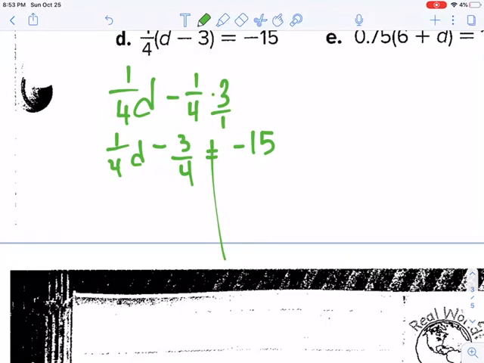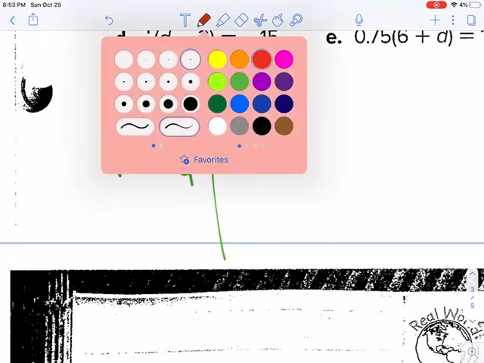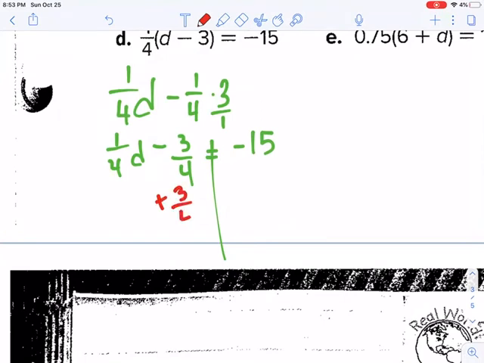And then you would just go through and do your two steps. So you would add 3/4 on both sides. You're left with 1/4 d on this side, and this side's a negative 15 plus a positive 3/4. So be careful with that because you have a negative and a positive.